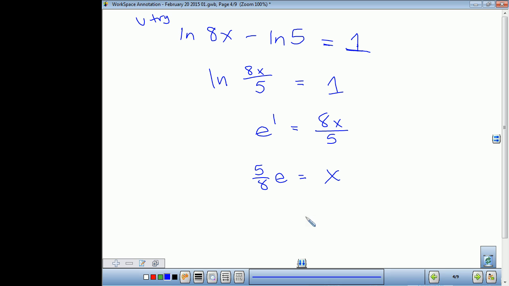Did you get 5/8 e? Yes. Would it mean the same thing if you put 5e over 8? That's what I did. Sid, can you answer that question yourself? I'm not sure. That's a good answer. So, Sid, is this equivalent to this? Yeah. Okay. Just making sure.